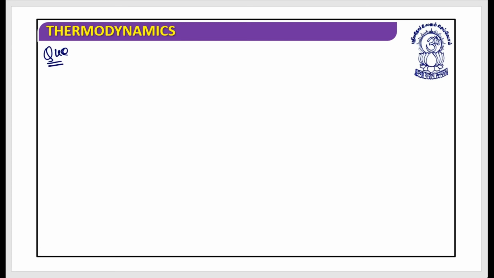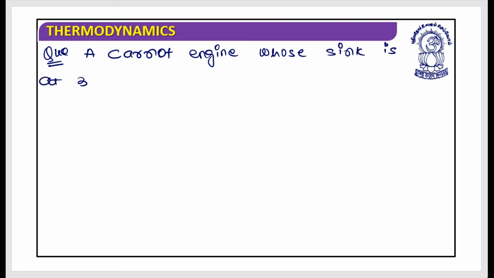The next question says that a Carnot engine whose sink is at 300 Kelvin has an efficiency of 40%.